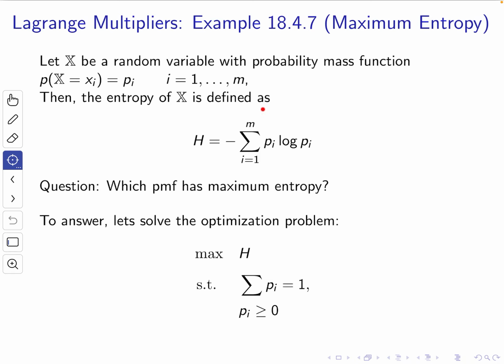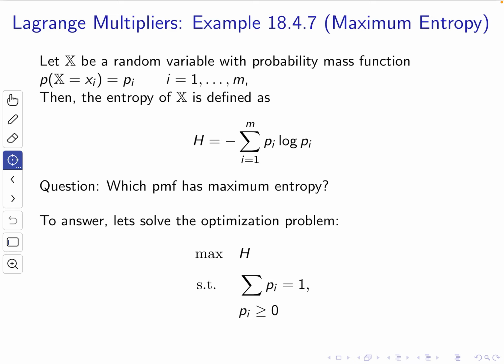This is the definition of the entropy of a discrete random variable. And now you might ask, what probability mass function has maximum entropy? So can I maximize this?